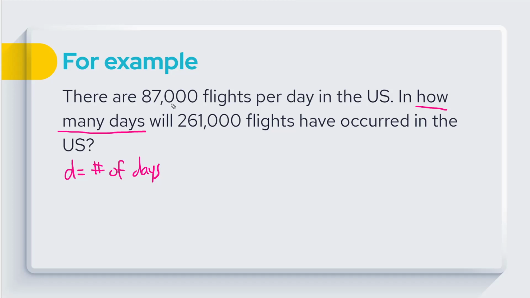Right? So we also know that there's 87,000 flights per day. This word per is a pretty important word. Per is a clue that for each one of these we have one of these.